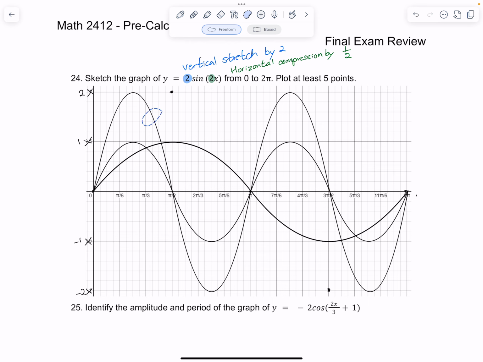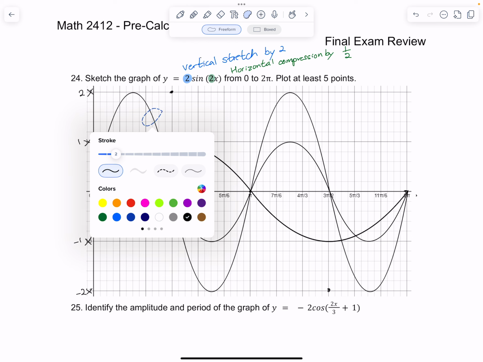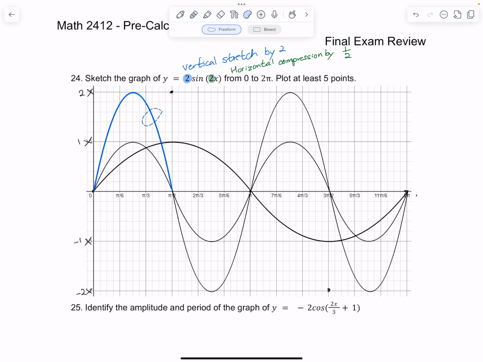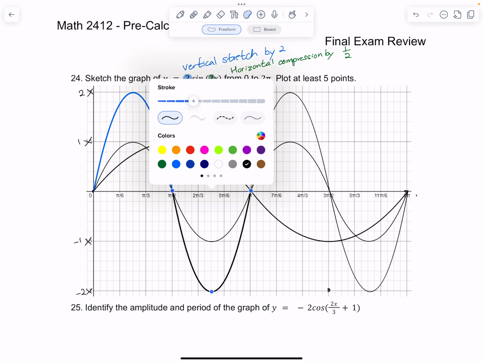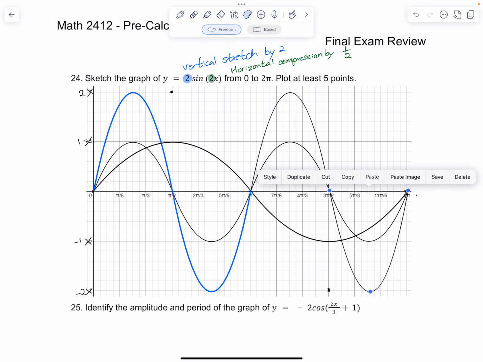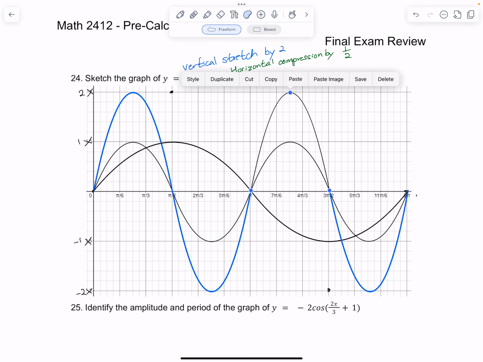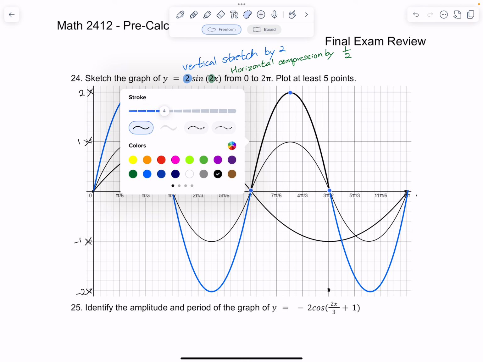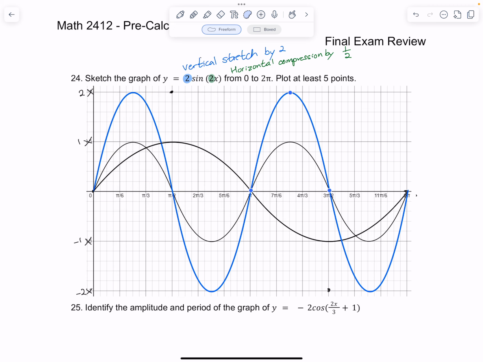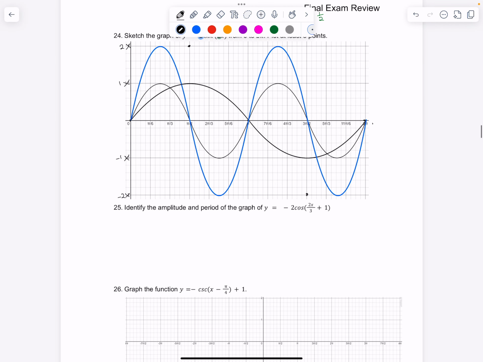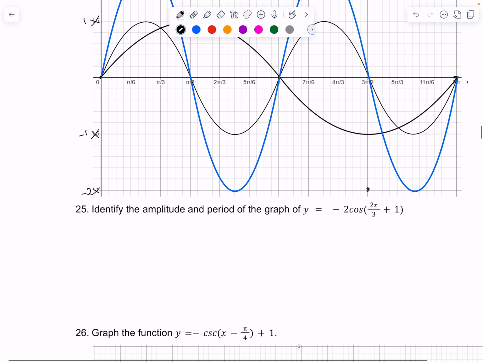And I should probably color that in some way to make it clear that it is my final answer. But that should do it. Perfect. So again, it's been horizontally compressed by 2, and it's been vertically stretched by 2. And that's it.